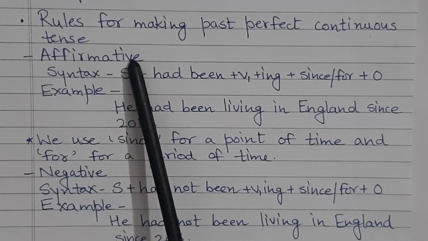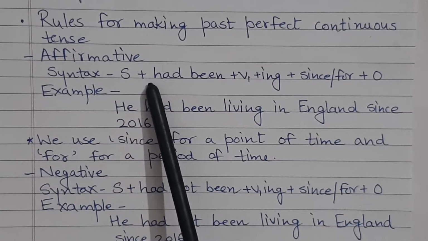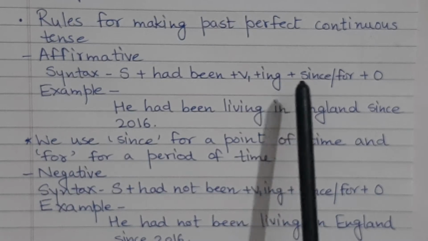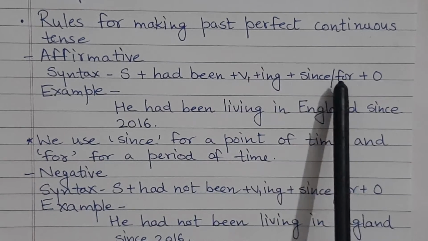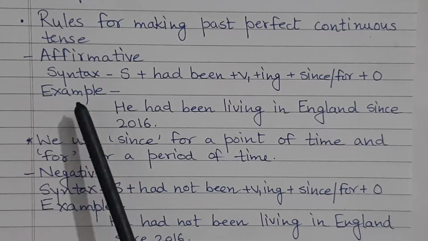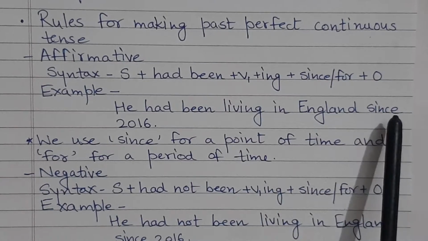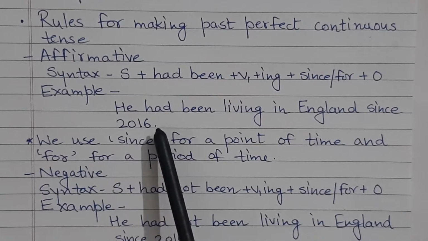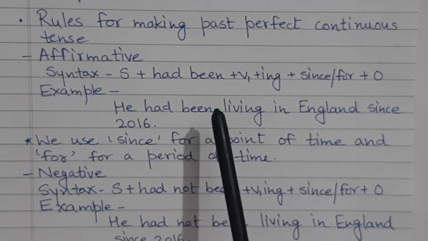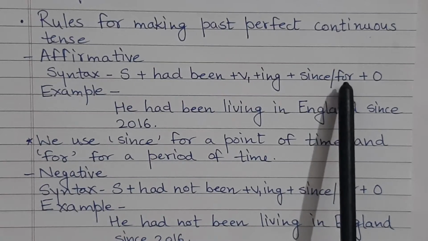How to frame affirmative sentences? Syntax: subject plus had been plus V1 ing plus since or for plus object. For example, he had been living in England since 2016. So students, we have already done in present tense where we use since or for.